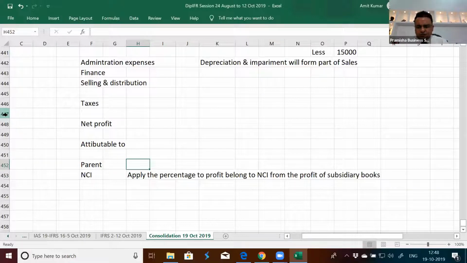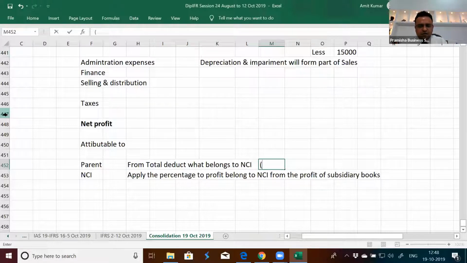And any difference from the total, like we have calculated total after making adjustments of P plus S, now from this total, if we deduct what belongs to NCI, we'll be left with the balancing figure of the profit attributable to parent in the group. This will be the final treatment we'll be doing as part of the books.